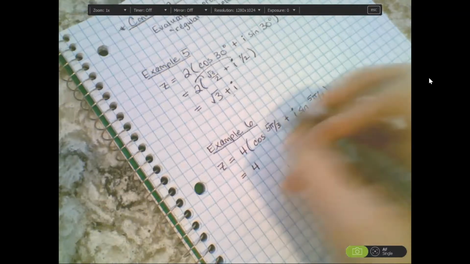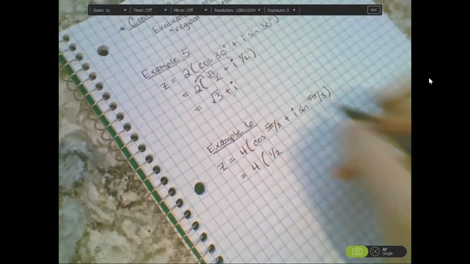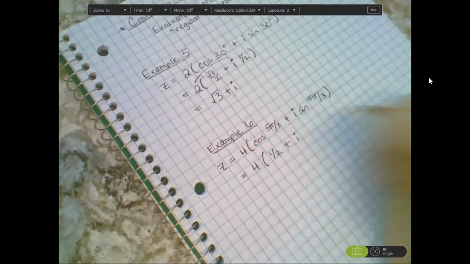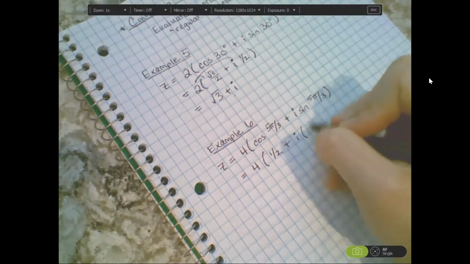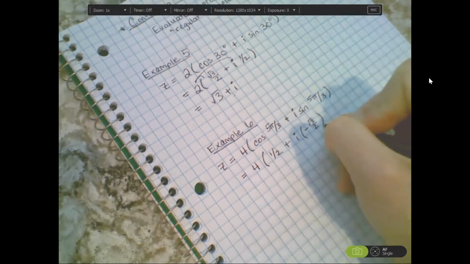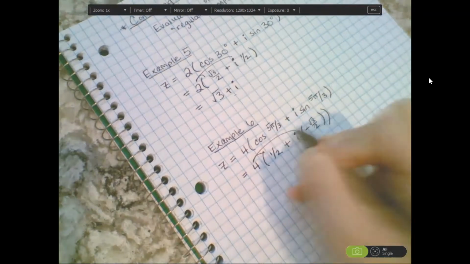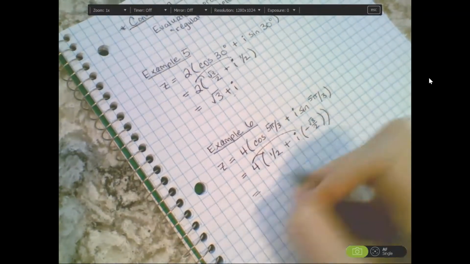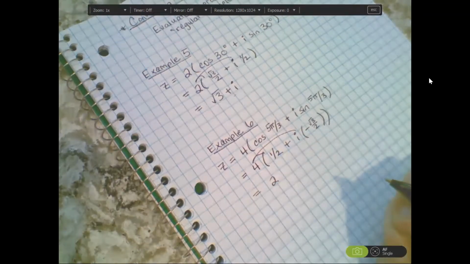So cosine of 5 pi over 3 is 1/2. The sine of 5 pi over 3, because it's down in the fourth quadrant, sine is going to be negative. It's going to be negative root 3 over 2. So now if we distribute our 4 times a half is 2.